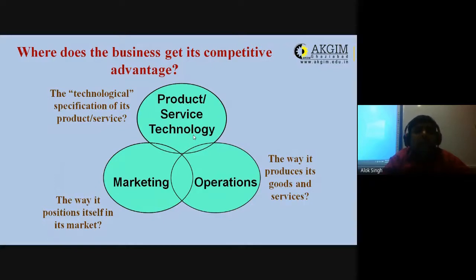Here it is written the technological specification of its product or service, meaning what the technological specifications of that product or service are. Nowadays we have devices that may operate on 5G because we are going to implement 5G by the middle of 2021. We are expecting it, and that's why we have devices able to work in a 5G environment.